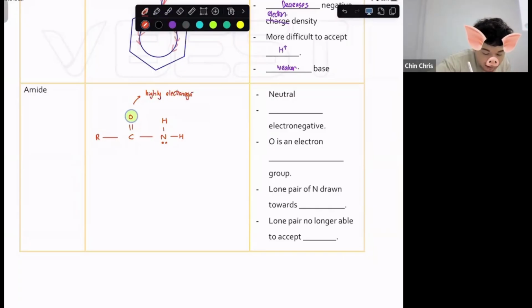Highly electronegative, correct. Alright guys, what do you mean by highly electronegative? I did mention that oxygen, being highly electronegative, is going to draw the electrons all the way towards itself, right? So the electrons will get drawn towards oxygen, you understand?